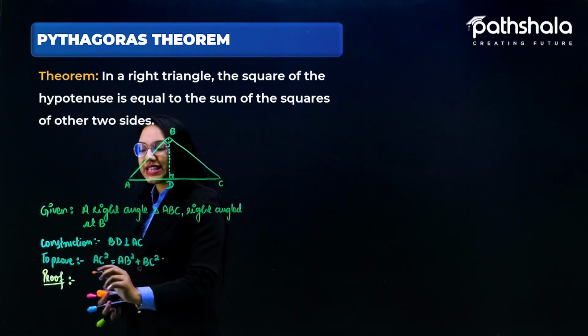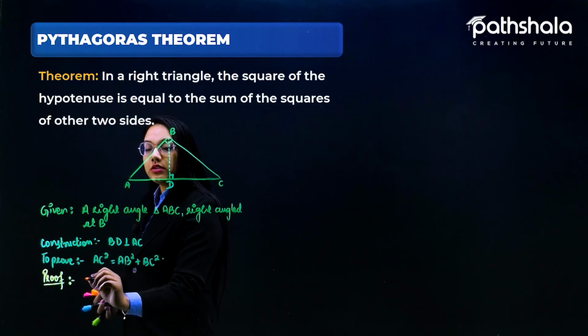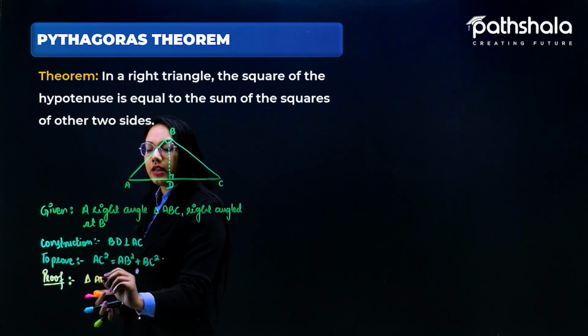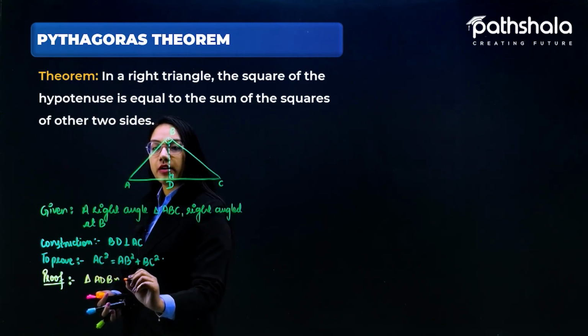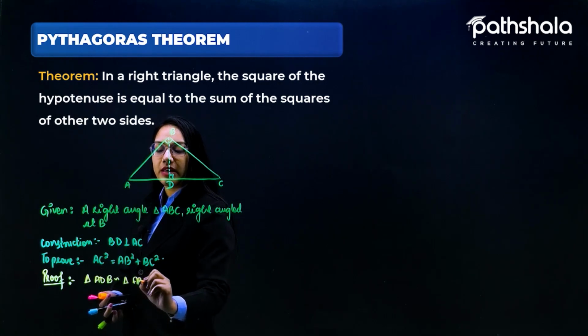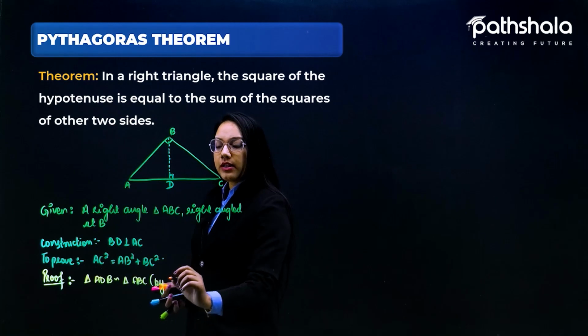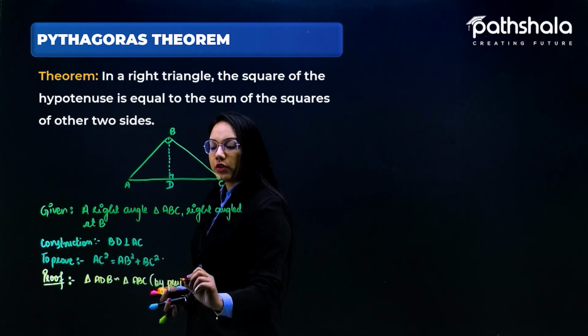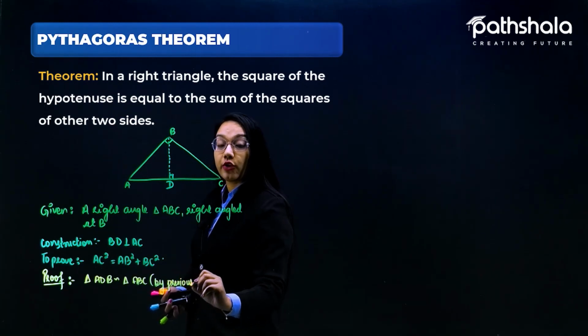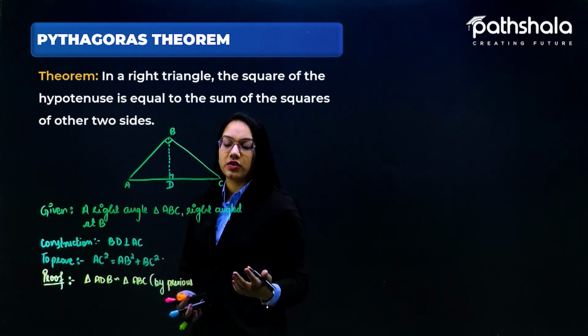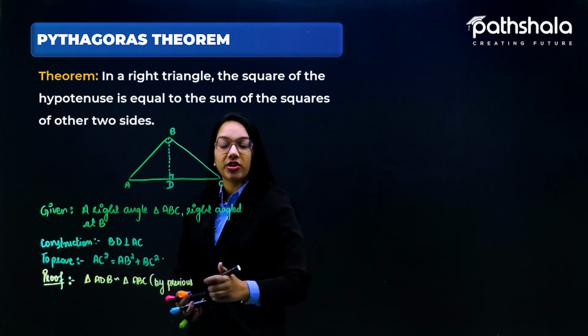So we can say that the triangle ADB is similar to the triangle ABC. I am writing it over here by the previous theorem that we have done already, because I told you that we will use that theorem in the proof of the Pythagoras theorem.